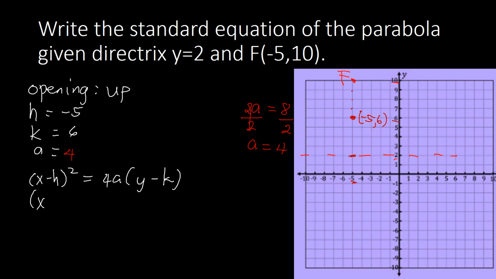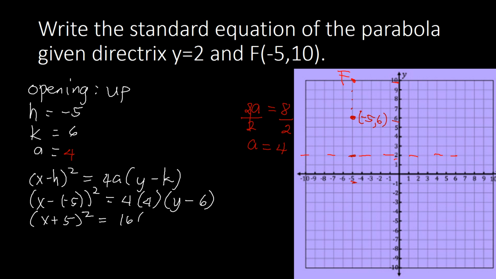Plugging in, we've got x minus our h, which is negative 5, squared, equal to 4, our a is 4, times y minus our k, which is 6. Simplifying that one, this is now x plus 5 squared equal to 16 times y minus 6. This is now our standard equation of the parabola.